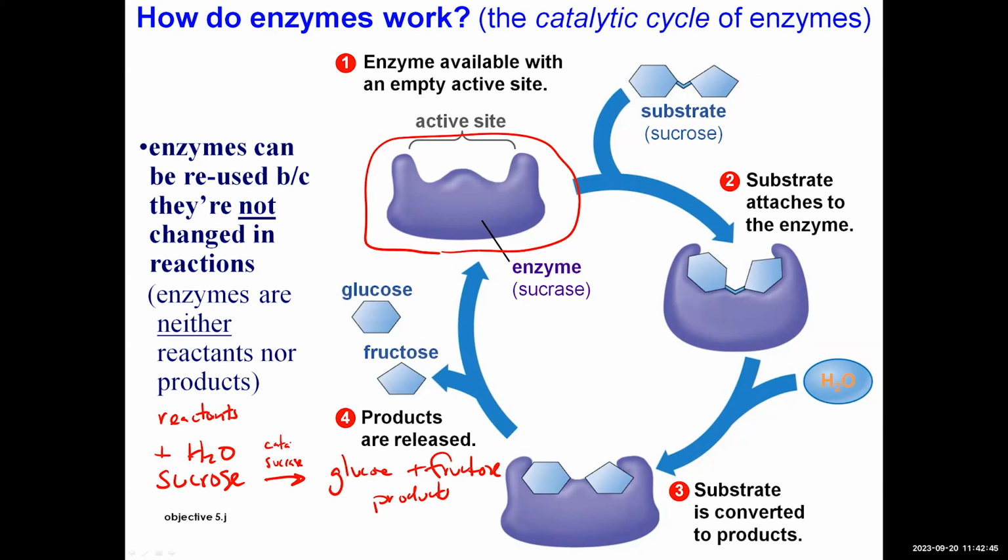This is where you'll find the catalyst. So enzymes are infinitely reusable. They are neither reactants nor products. They are catalysts. They work by reducing the activation energy required for this to happen.